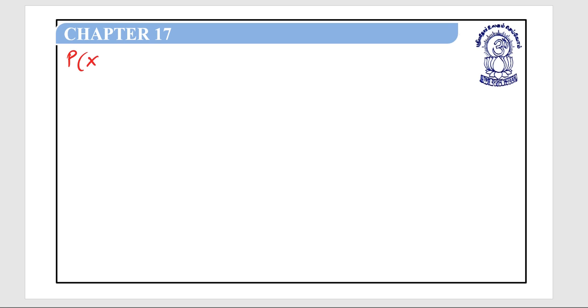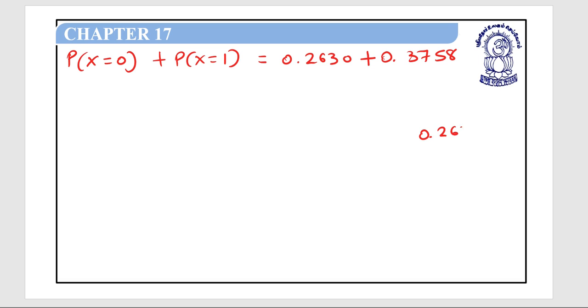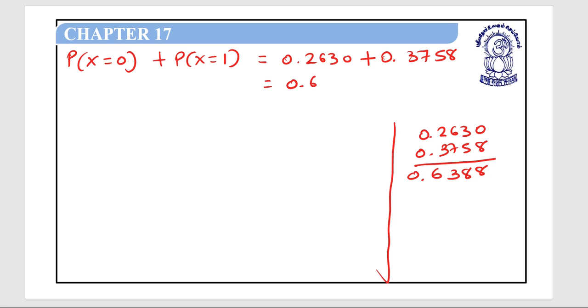So probability of x is equal to 0 plus probability of x is equal to 1 is 0.2630 plus 0.3758, which is 0.6388.